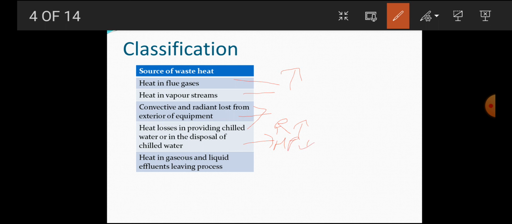Then heat in gaseous and liquid effluents leaving the process. Poor if heavily contaminated, thus requiring an alloy heat exchanger.